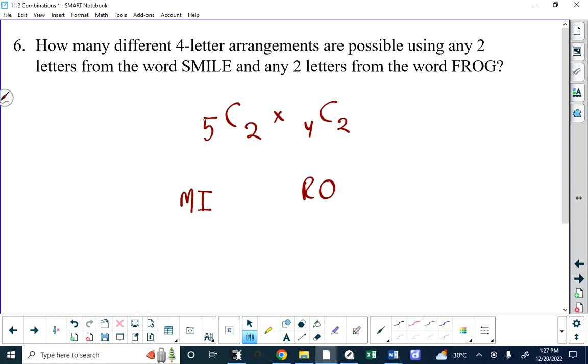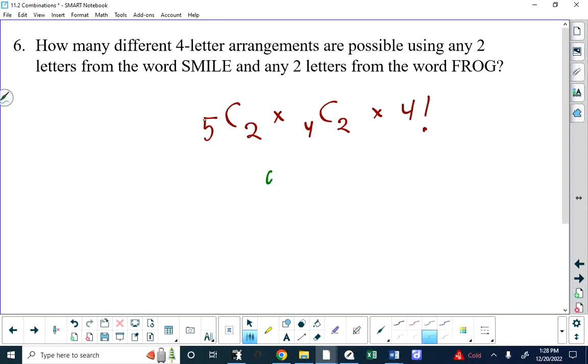We're asked for arrangements of those letters. Not only can the M and the I go over here, the M and the I could go in between the R, or it could be R-I-O-M. I need to take those 4 items that I've chosen and arrange them. So I need to multiply by 4 factorial.